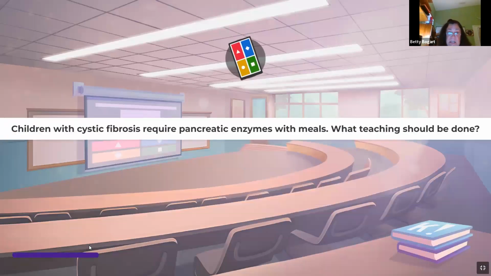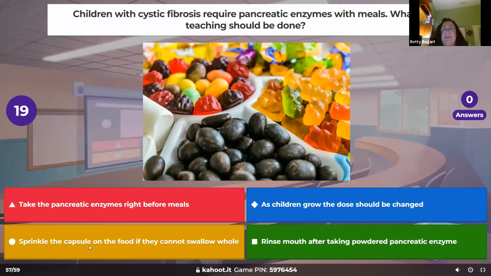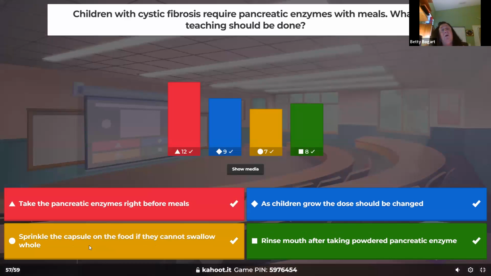A multi. Children with cystic fibrosis require pancreatic enzyme with meals. What teaching should be done? This is actually a question off your case study. So you take it immediately before meals or snacks. You can take the capsule and open it and sprinkle it on their food, because those capsules sometimes are too big for younger kids.